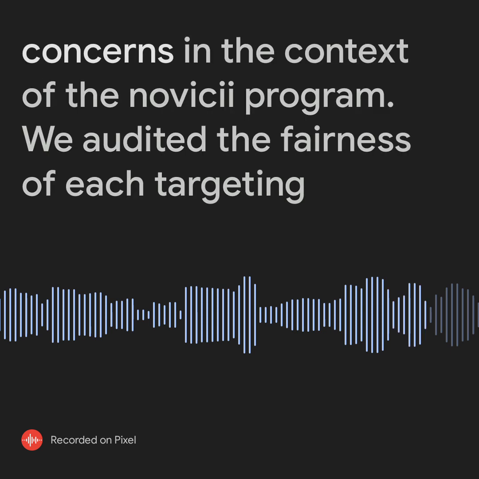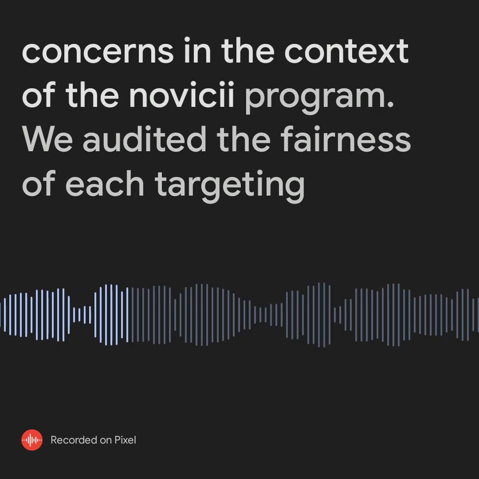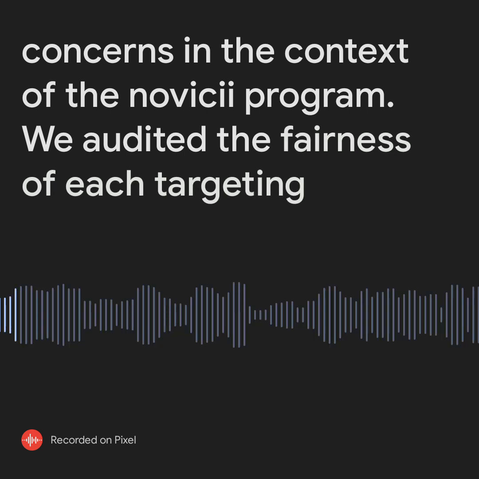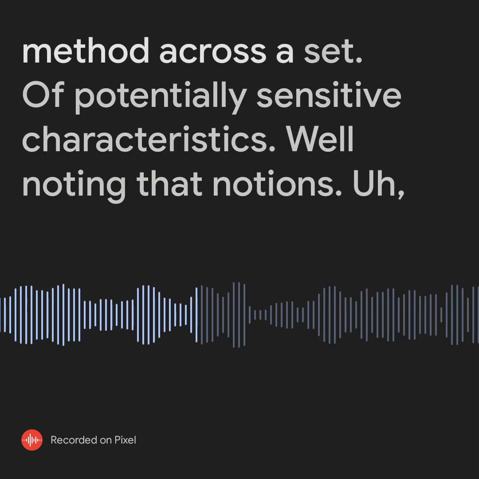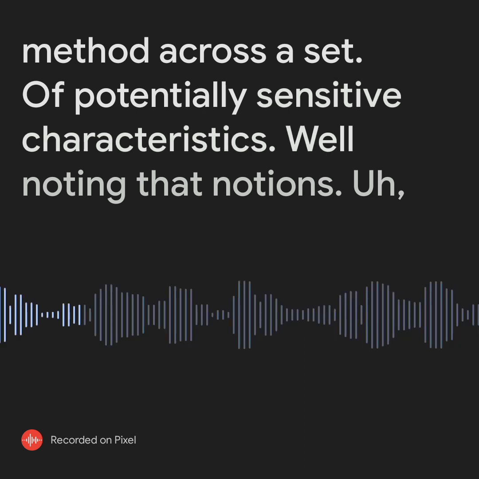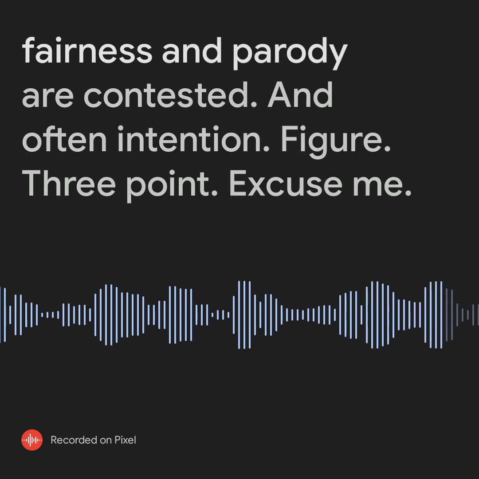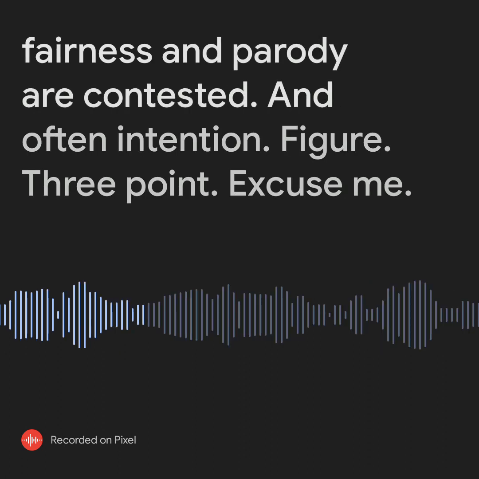To address these concerns in the context of the Novice program, we audit the fairness of each targeting method across a set of potentially sensitive characteristics, while noting that notions of fairness and parity are contested and often in tension.